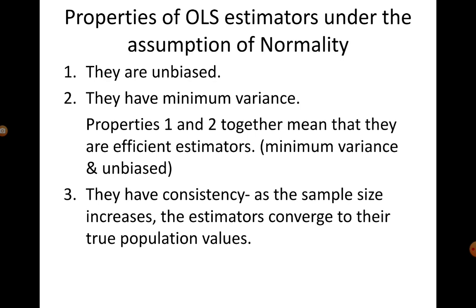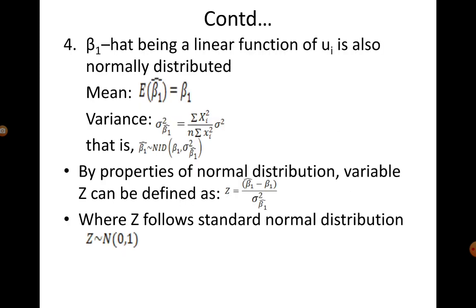This was not present when we had the CLRM assumptions alone. When we added the normality assumption of ui, that is when we got this new property that the OLS estimators will be consistent. Consistency means as the sample size increases, the estimators will converge to their true population values.